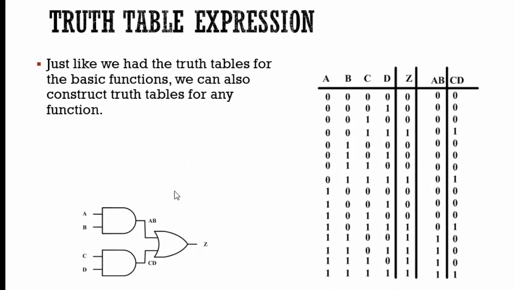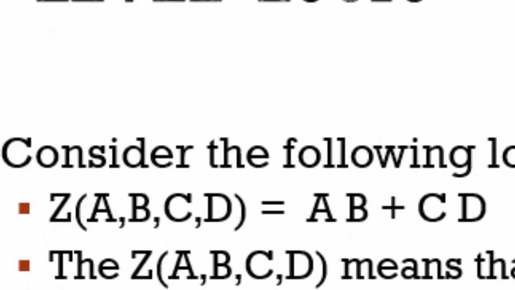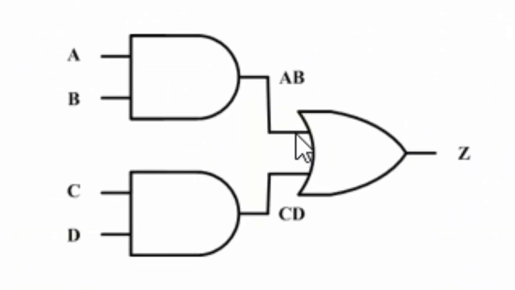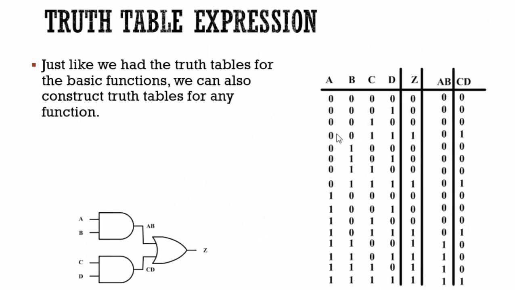So this is what the truth table would look like, or the logic gate for this one, for Z(A,B,C,D) equals AB or CD. This is AB or CD: A and B are ANDed, and then C and D, they will be ORed, and you have the Z. So we can verify this with the truth table here.